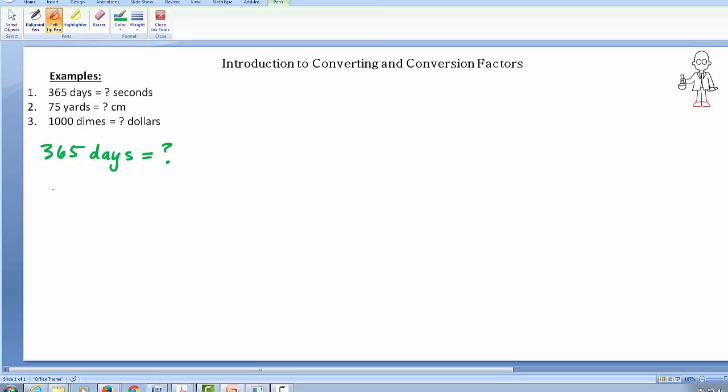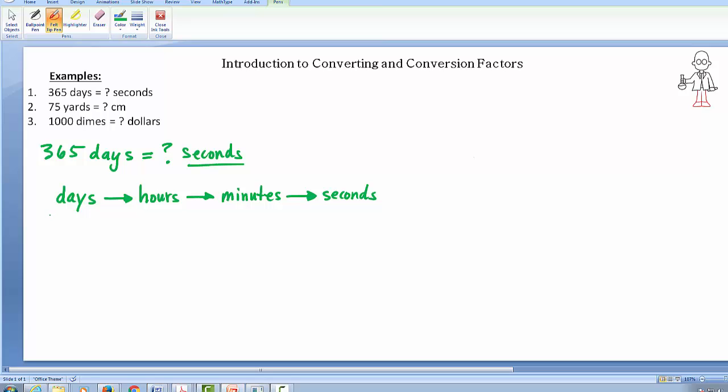Now, in order to do that, we have to establish a relationship between days, hours, minutes, and seconds. We can go through these dimensions and arrive at the desired unit of seconds.